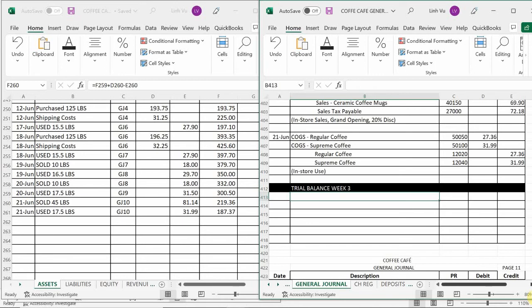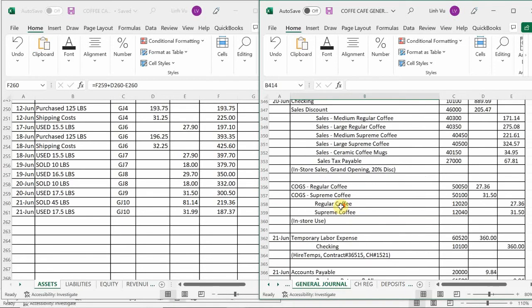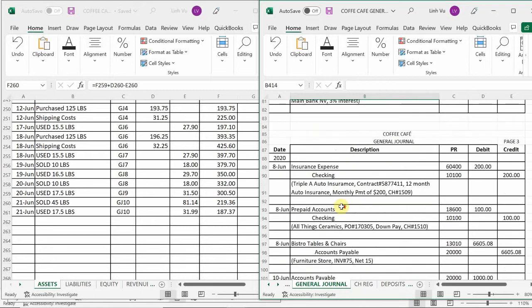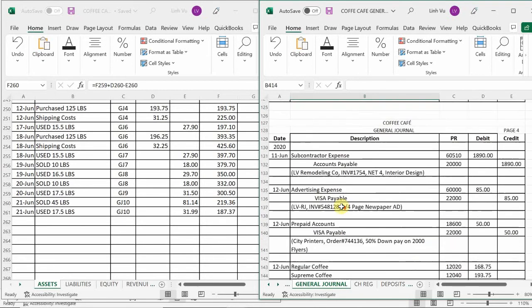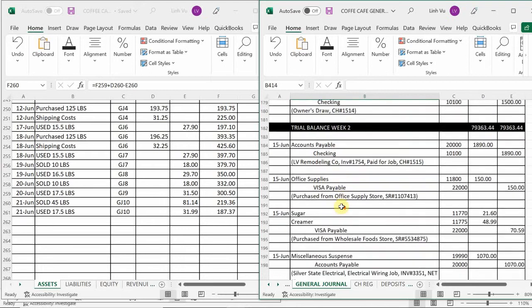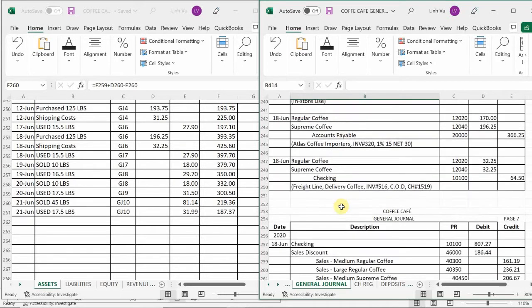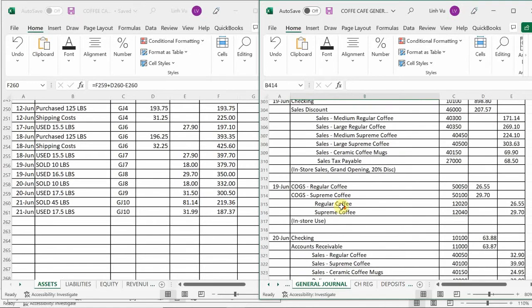So this is where we let ourselves know that our mistake is going to be between that. Next week we're going to continue on to do our trial balance. This is where we last left off and made our mistake. So that's where we're blocking it off so we can keep track of all of our transactions.